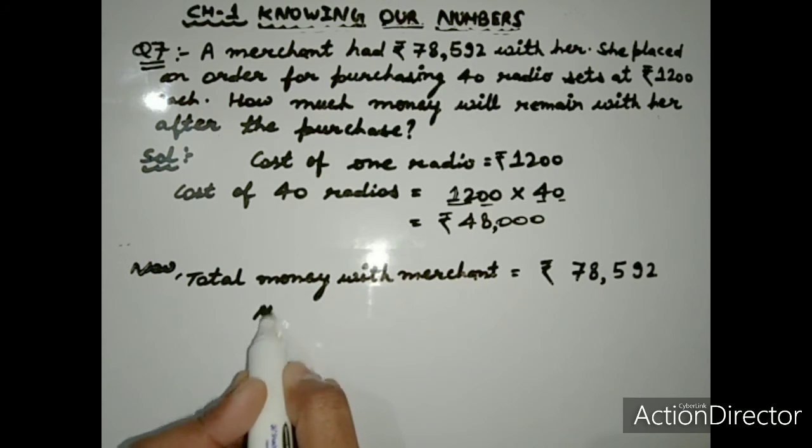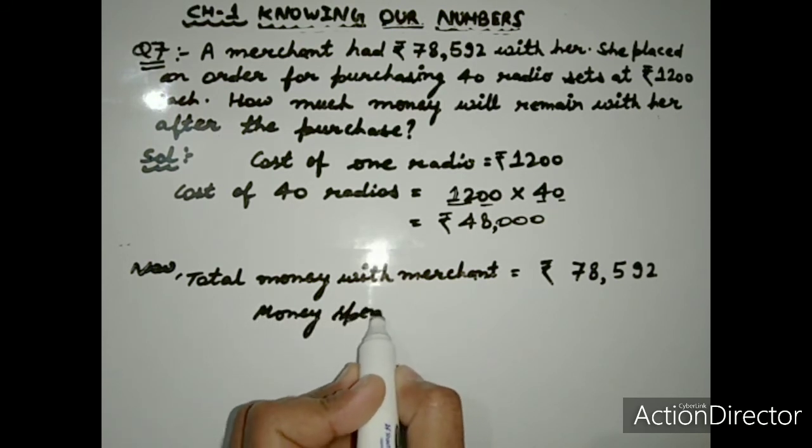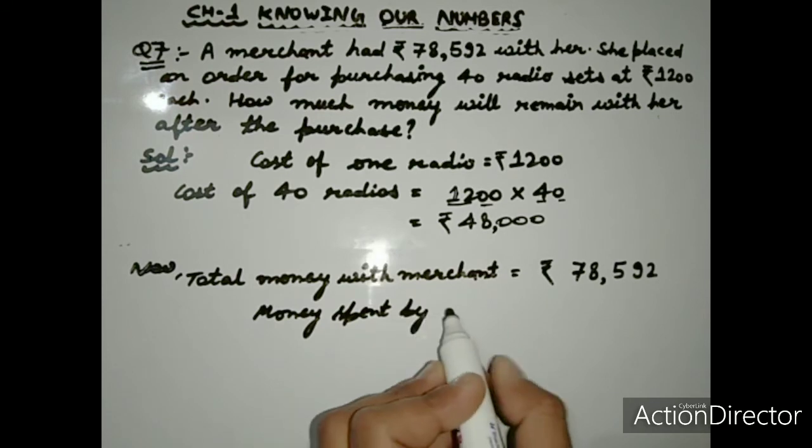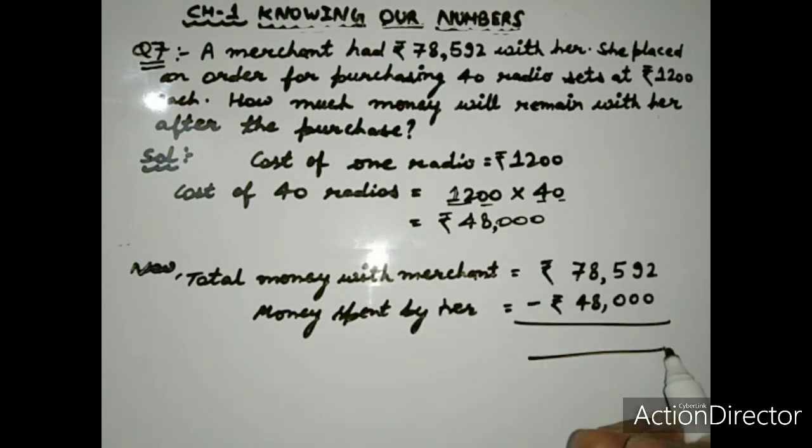So here the money spent by her is 48,000. Now we subtract: 2 minus 0, 2 here, 9 minus 0, 9, 5 minus 0, 5, 8 minus 8, 0, and 7 minus 4, 3.